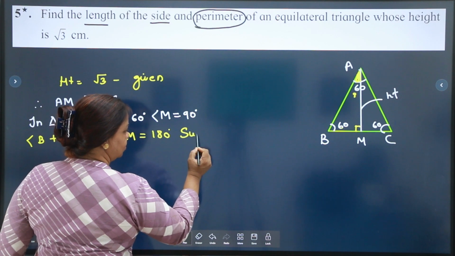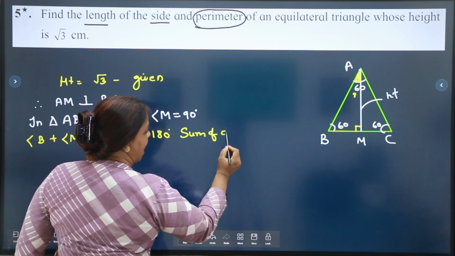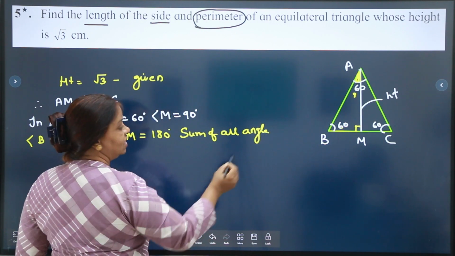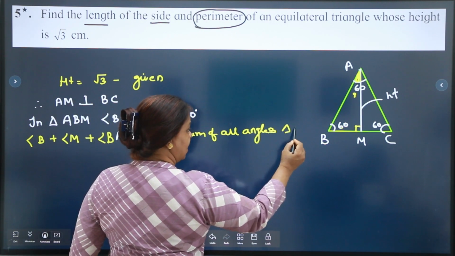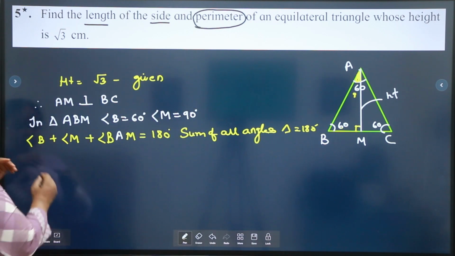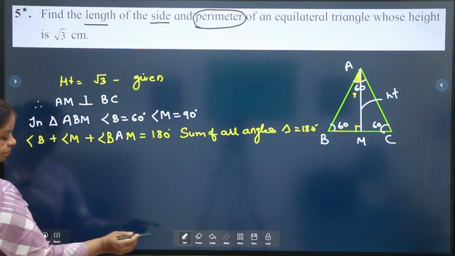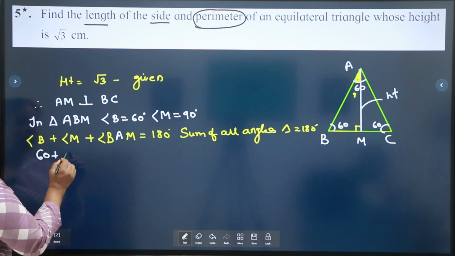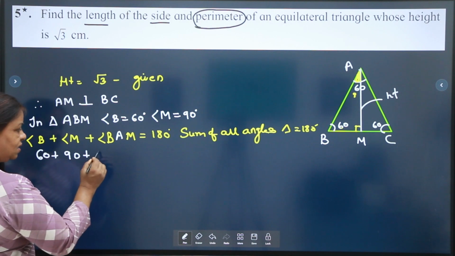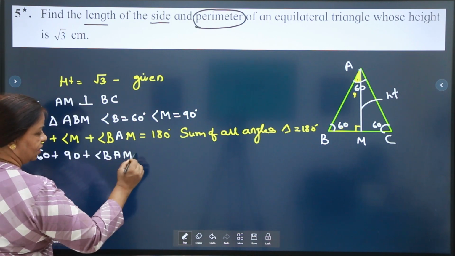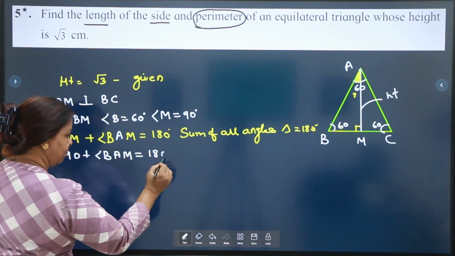Sum of all angles of a triangle is 180 degree. So angle B is how much? 60. Angle M is 90, plus angle BAM is equal to 180 degree.